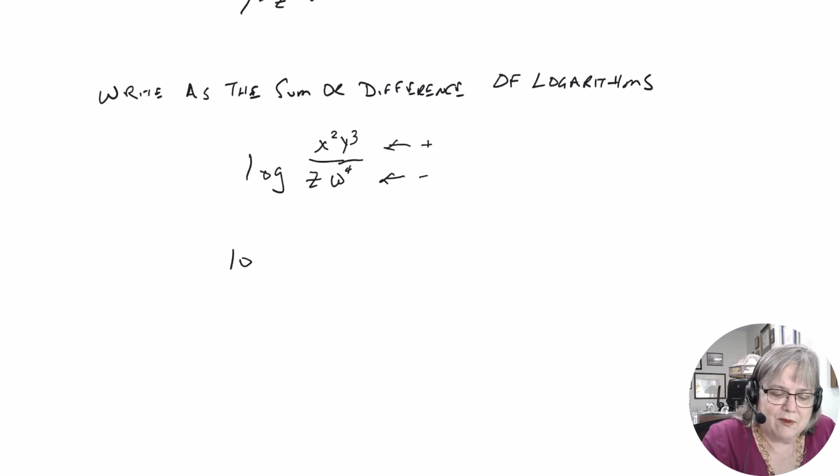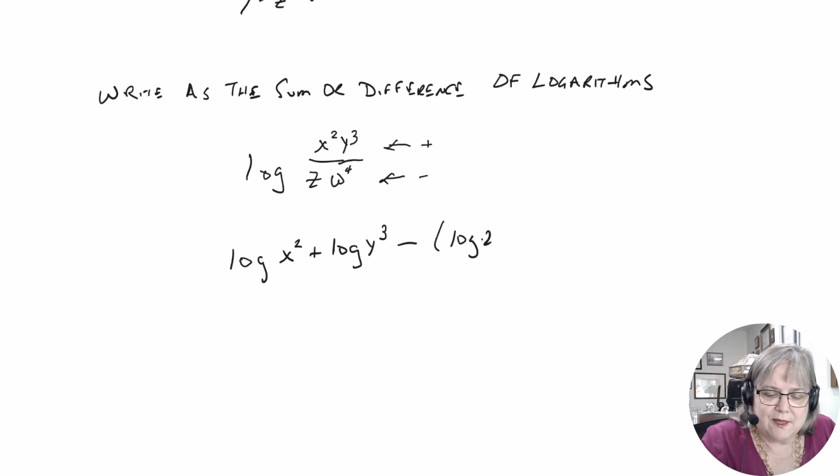So you would have log x squared plus log y cubed. Now you can think of it as minus log z plus log w to the 4th, because these are a product underneath. But this minus sign is going to distribute.